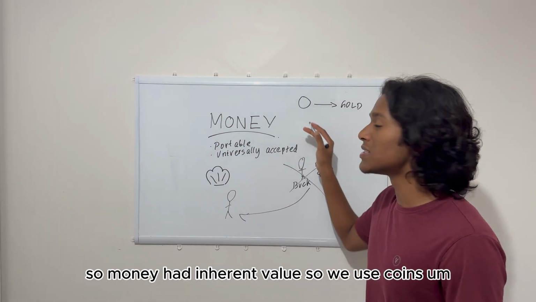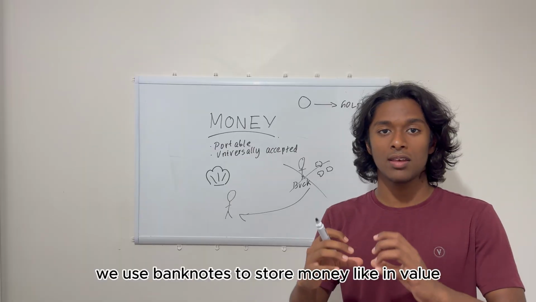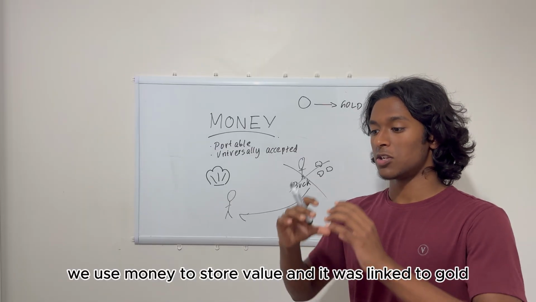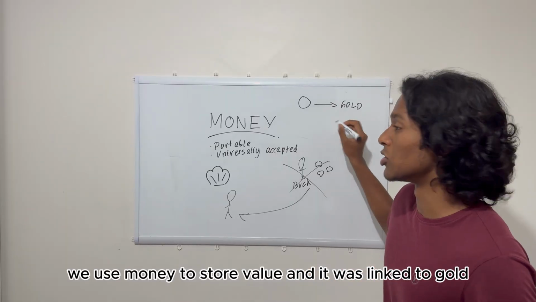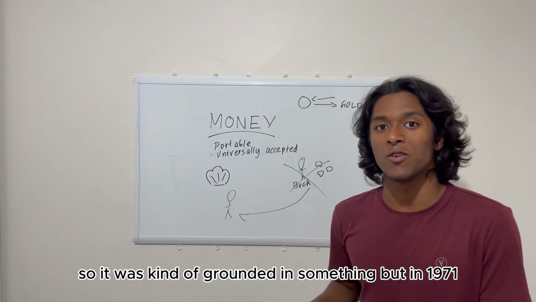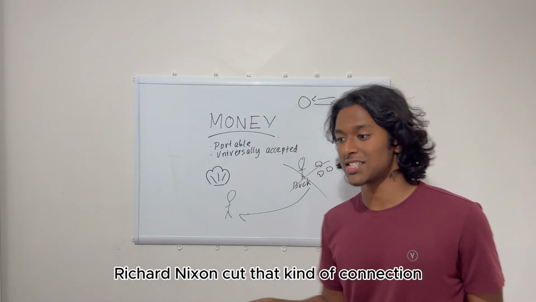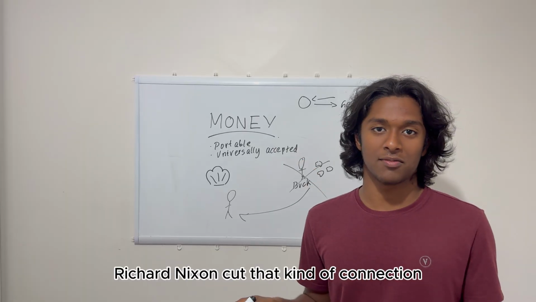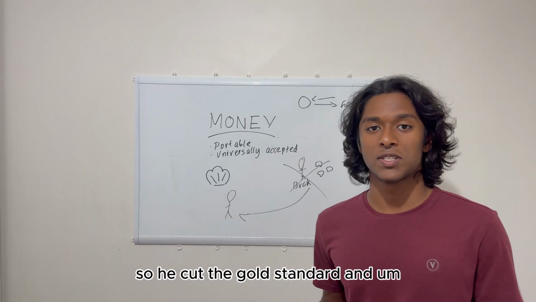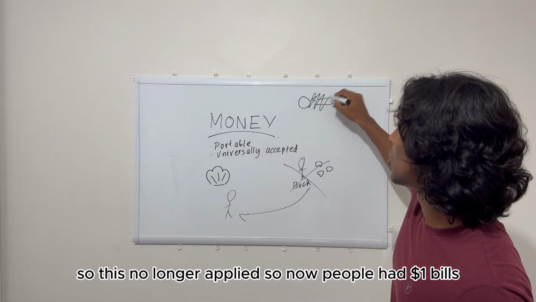We use coins and banknotes to store value, and we'll get to that in a bit, but it was linked to gold. So you could exchange money for gold. It was grounded in something. But in 1971, Richard Nixon cut that connection. I think it's called the gold standard. He cut the gold standard, and so this no longer applied.